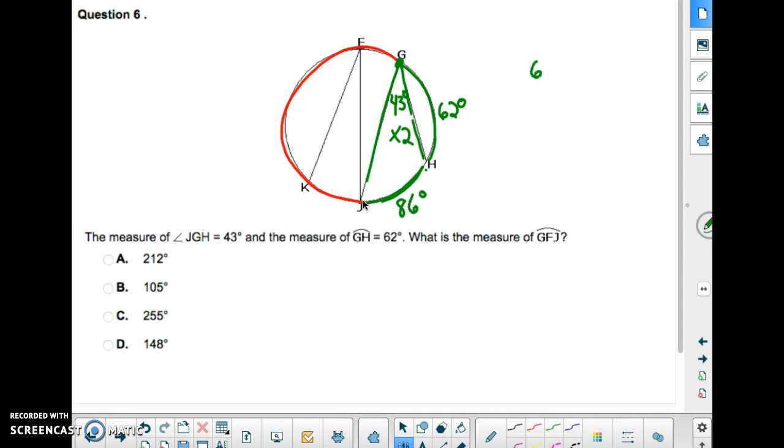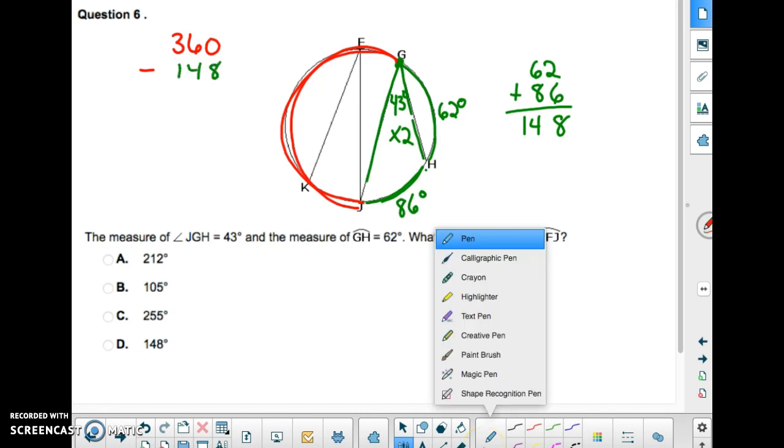So if I add up my 2 small green arcs, they're called minor arcs, I get 148 degrees. And I know that in a full circle, there are 360 degrees. So to get this red arc, I just need to take 360 degrees and subtract off the green part, and that should give me my answer.